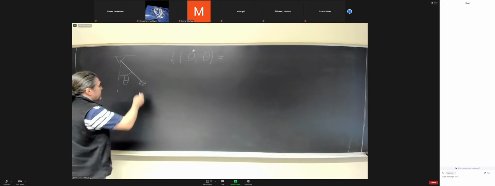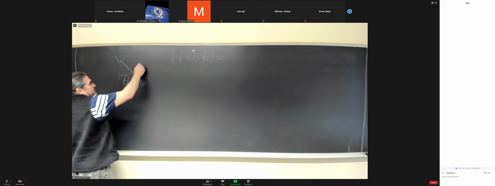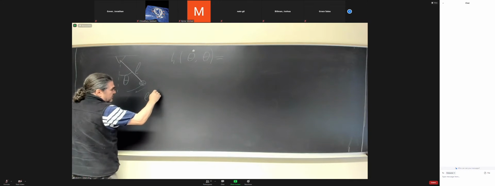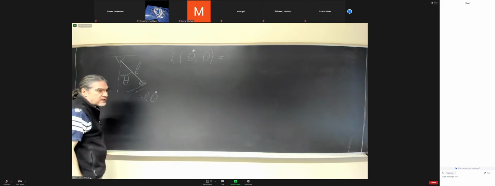Kinetic energy here, right? If this is the length of that pendulum L, then the velocity here is L theta dot, actually with a minus sign.